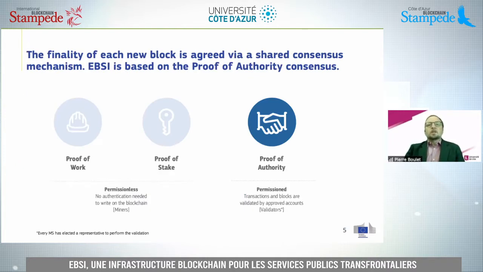How to do that is using a shared consensus mechanism, a shared consensus protocol. The first one, which was used in the first largely well-known blockchain, is the proof of work, which was introduced in such a system by Bitcoin, and is used also for Ethereum.